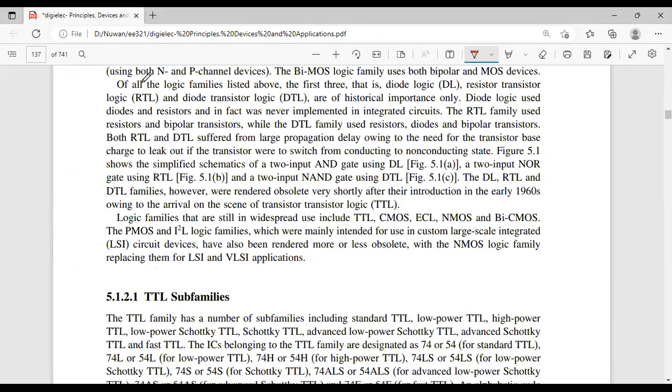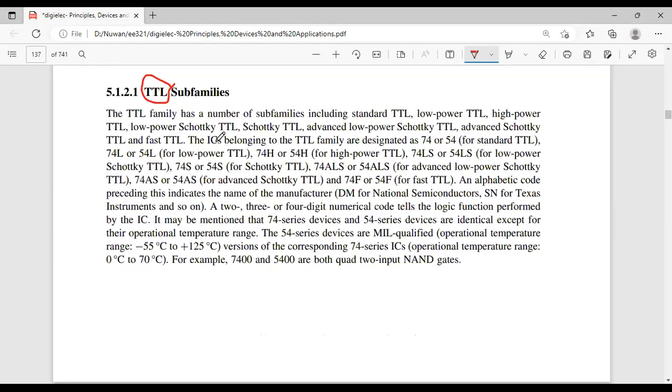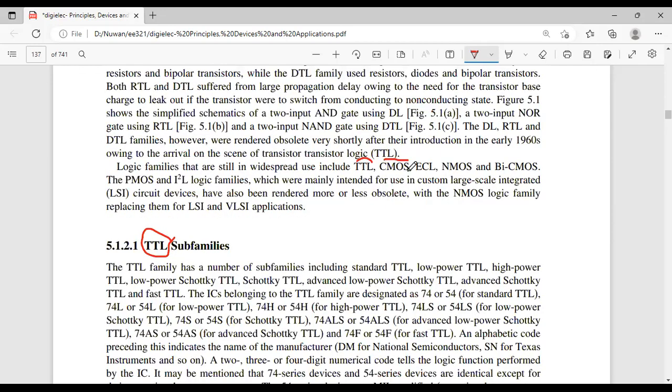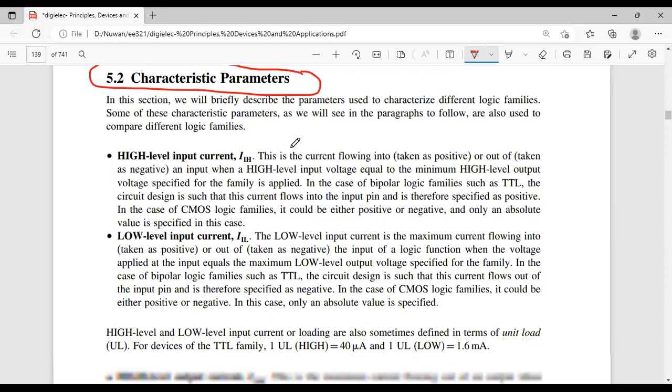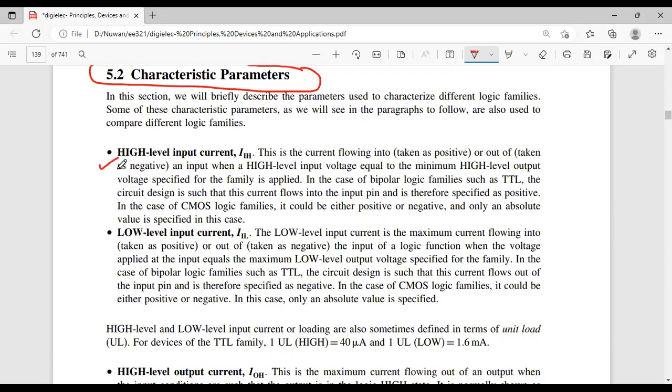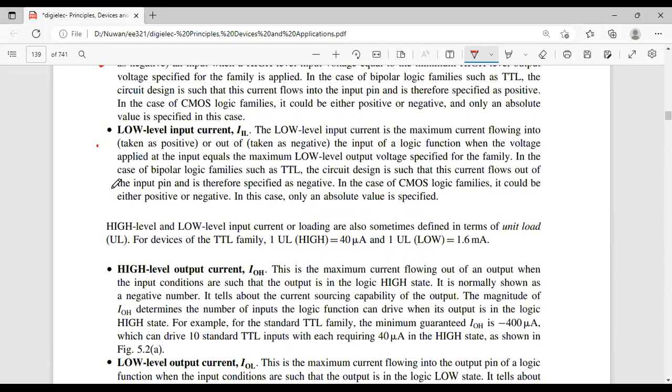The most popular ones are TTL and CMOS families. Your question will mainly be based on their characteristic parameters. I think you can remember that. So these parameters you should know. What are these parameters?